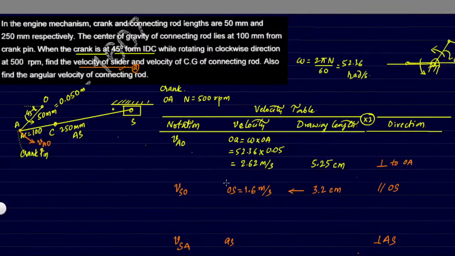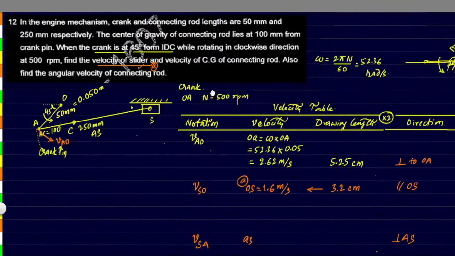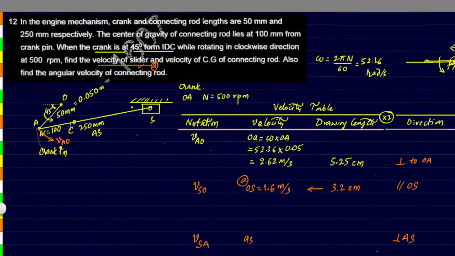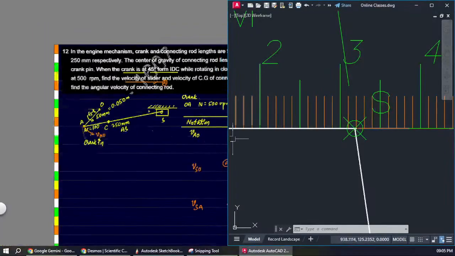The other thing asked is the velocity of the center of gravity of the connecting rod. How do we find it? We know that the center of gravity of the connecting rod is located at a distance of 100 mm from the crank pin. So let's come back to our sheet.